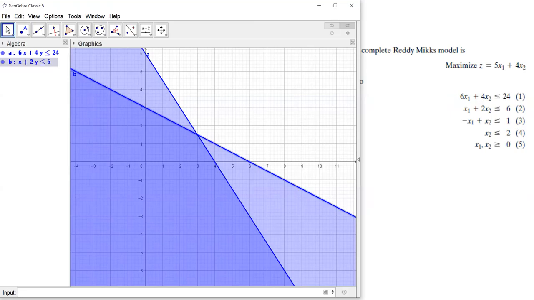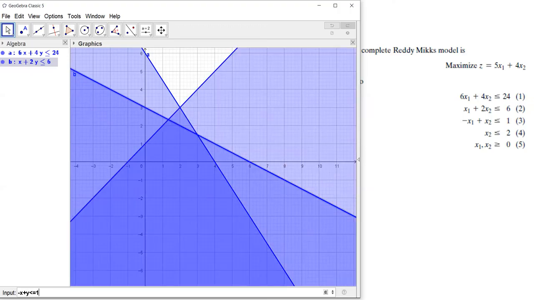And the third constraint is negative x plus y is less than or equal to 1. And the fourth constraint is y less than or equal to 2.